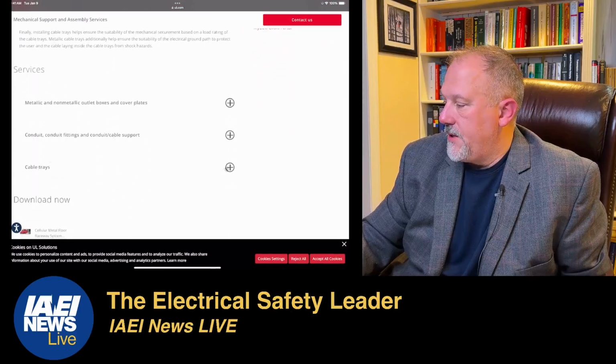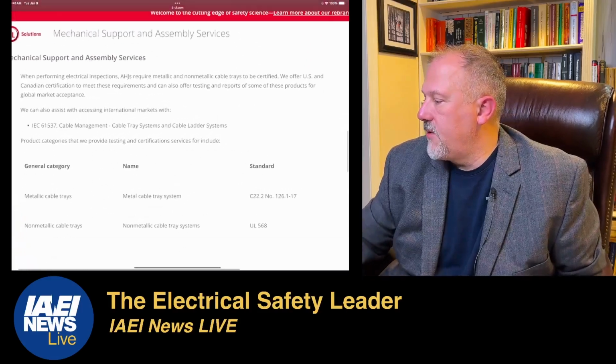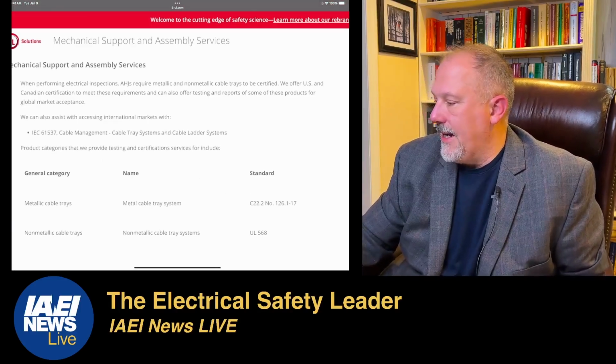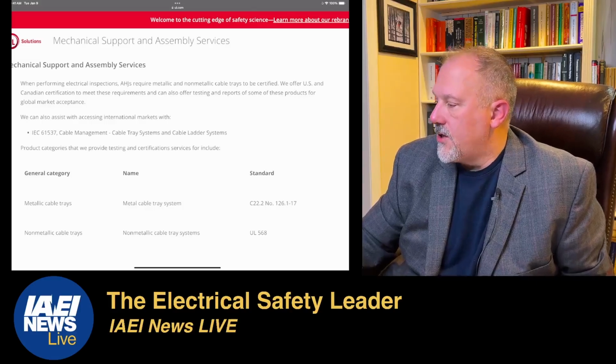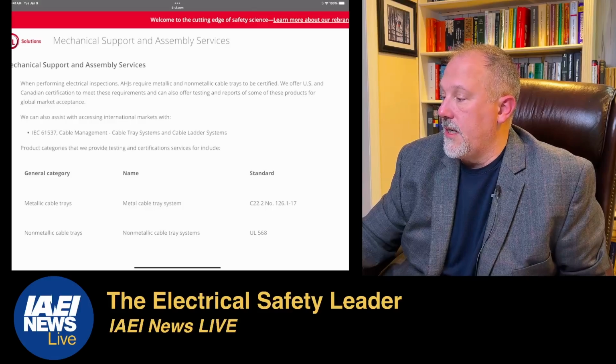cable trays. When performing electrical inspections, AHJs require metallic and non-metallic cable trays to be certified. We offer US and Canadian certification to meet these requirements, and can also offer testing and reports of some of these products for global market acceptance.